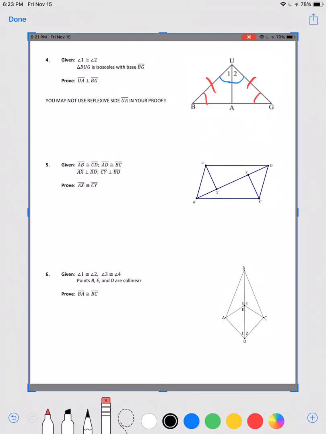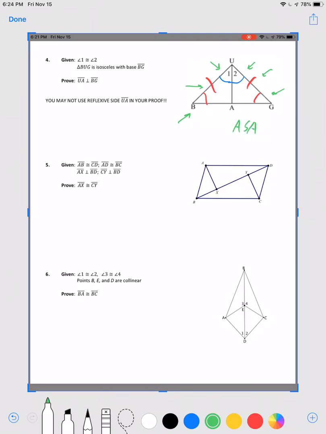Okay, so now we can tell that the 2 triangles are congruent by angle, side, angle. So we got this angle, this side, and this angle being congruent to this angle, this side, and this angle. So the 2 triangles are completely congruent by angle, side, angle.